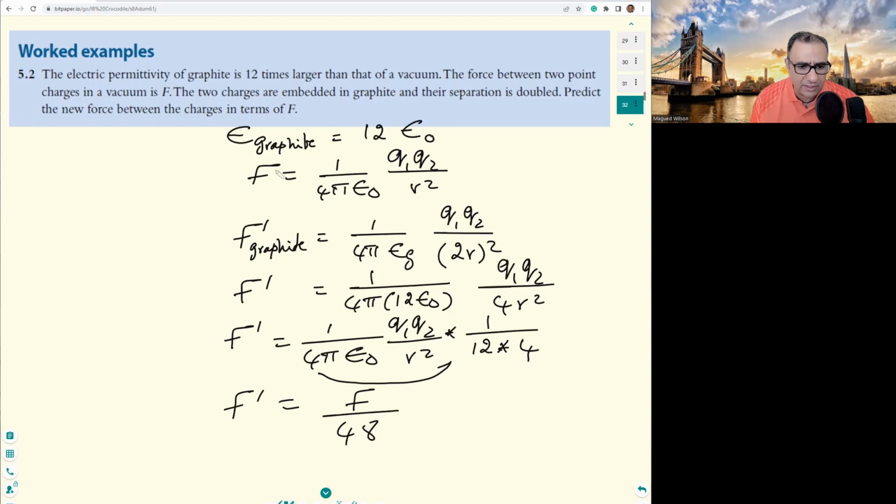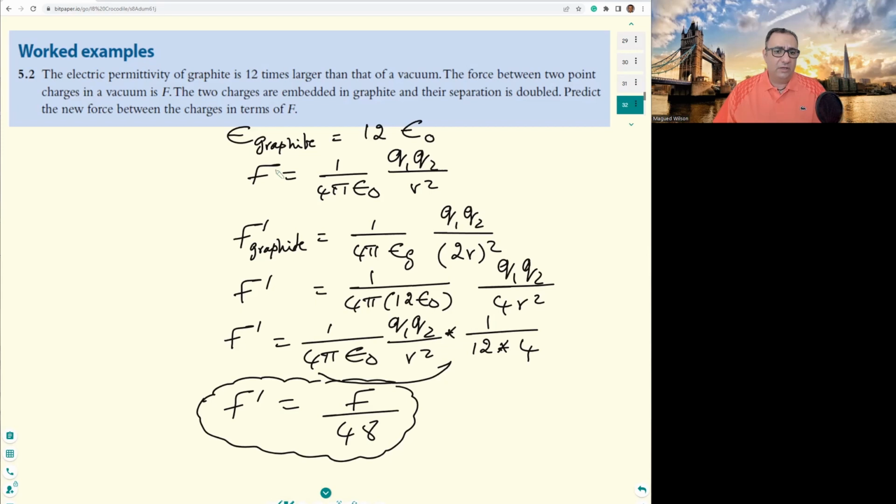The answer is that the force in graphite, with the separation doubled, is 48 times less than the force in vacuum. This is how you apply the electric permittivity if it is different from vacuum in certain questions.